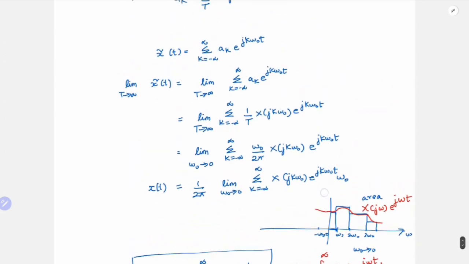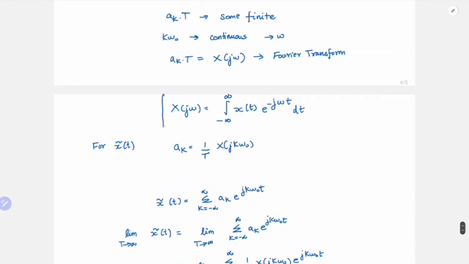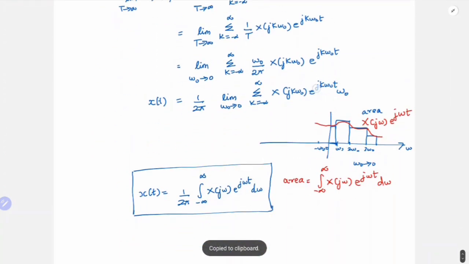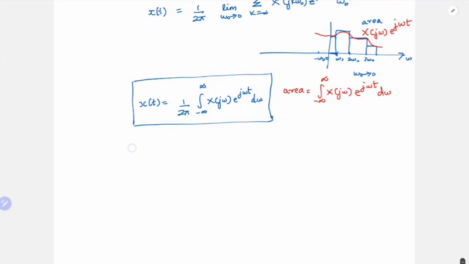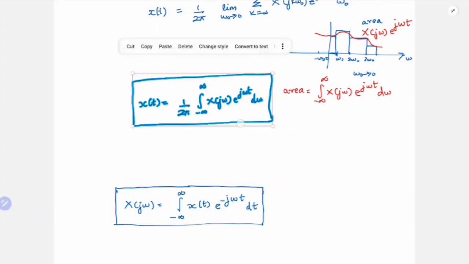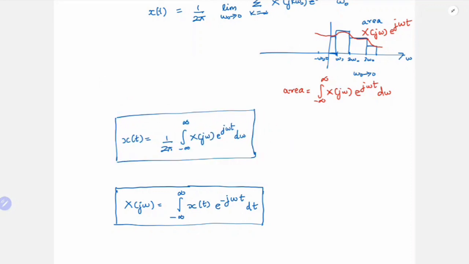So our first equation was this. So let us take this also there. Okay.